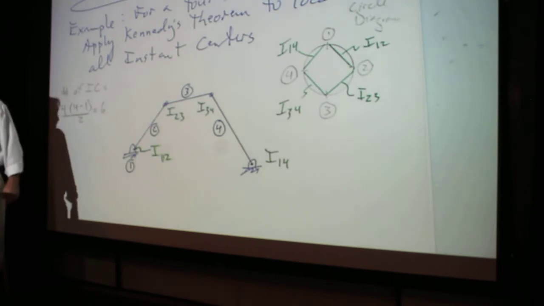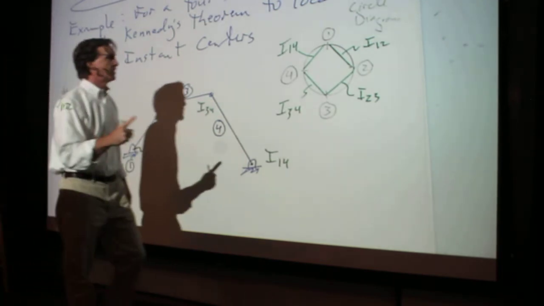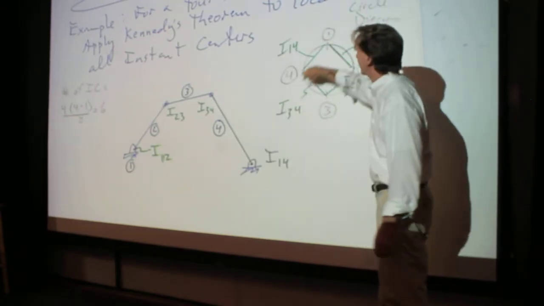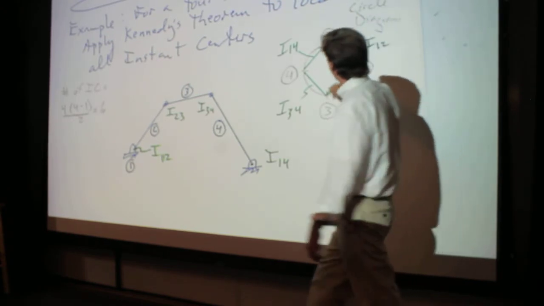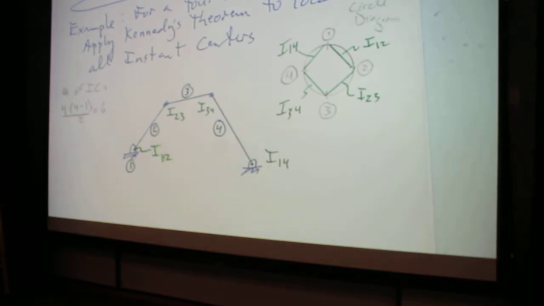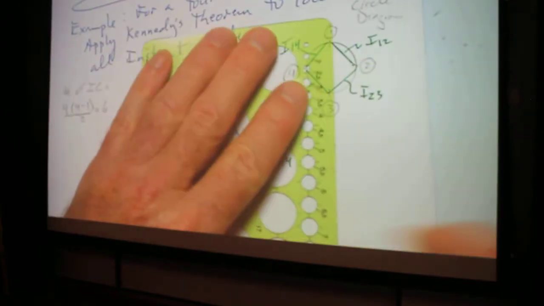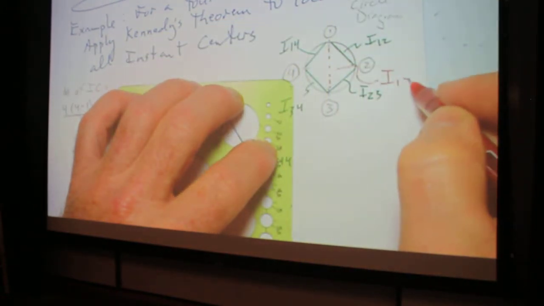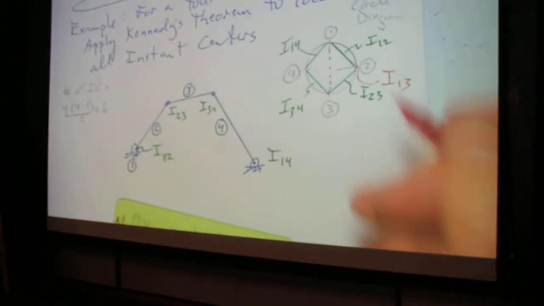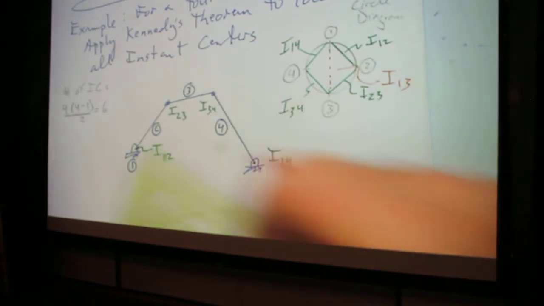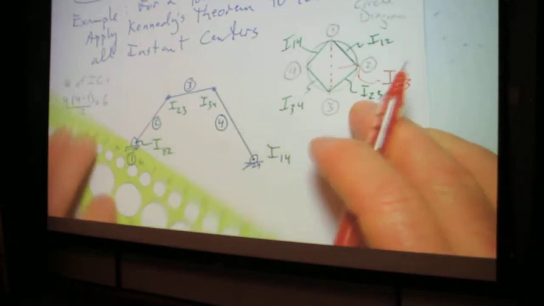Then how this thing works is from every link you need to draw a line to another link. Well, we have a line missing between 1 and 3, so let's go ahead and dash that in there. This means I'm looking for I13. So we use I12 and I23 by drawing this line right here.